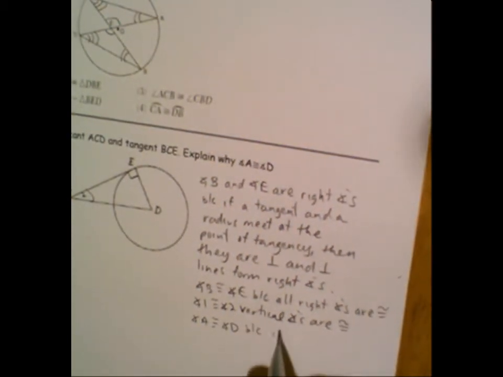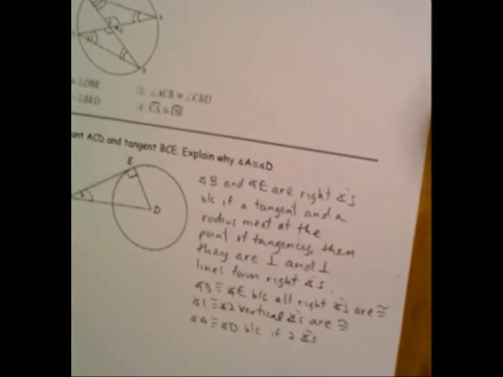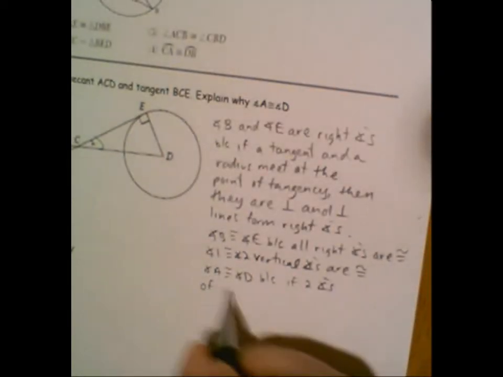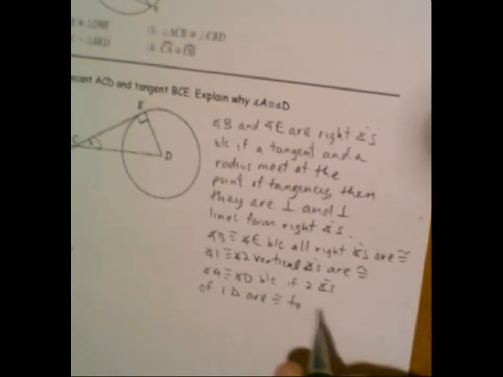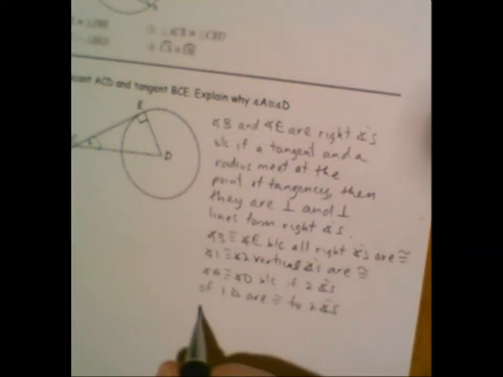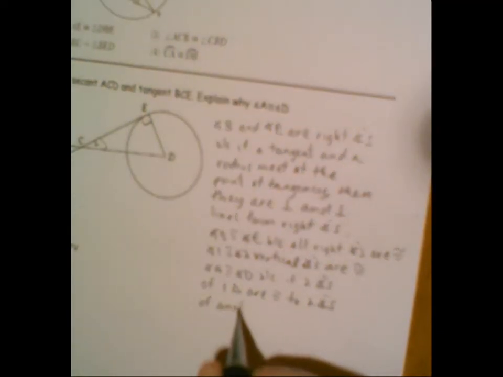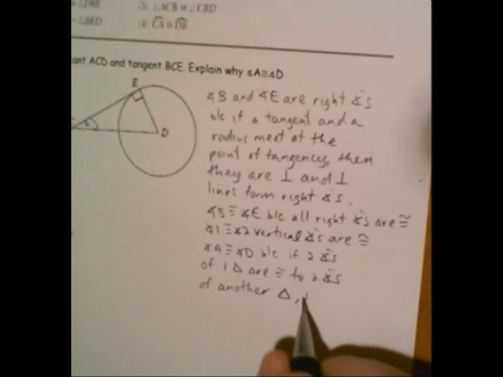Because if two angles of one triangle are congruent to two angles of another triangle, then the third angles must be congruent.